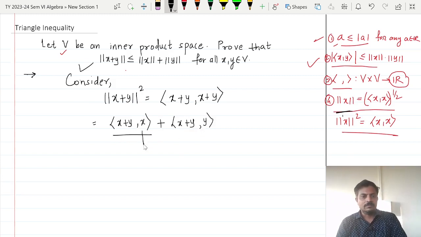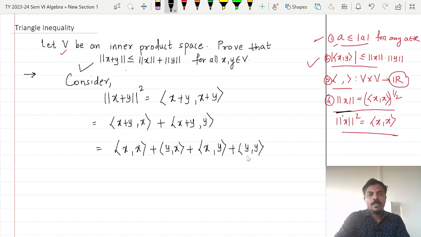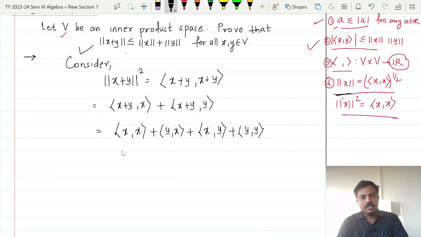Now naturally the second coordinate is fixed here. Now we are going to distribute the first coordinate. So this is equal to inner product of x with x plus inner product of y with x plus inner product of x with y plus inner product of y with y. Inner product of x with x is nothing but norm x square.